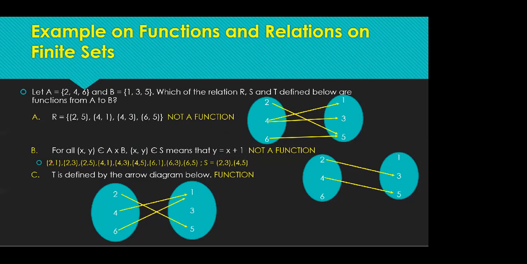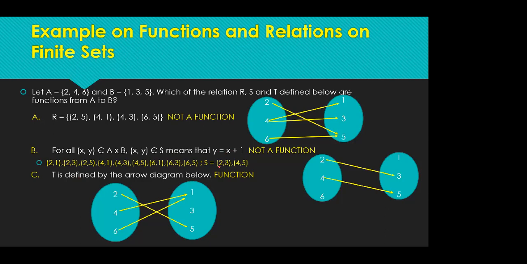So we have to test the x. 2 plus 1 is 3. But the partner of that domain or x is 1. So 1 is not equal to 3. So this is wrong.